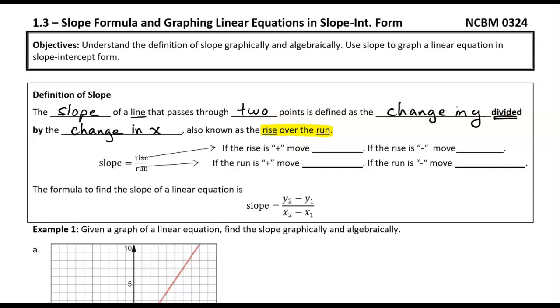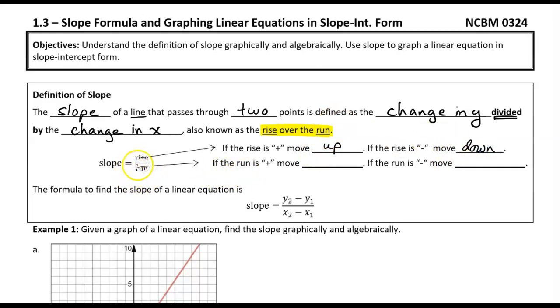And in fact, that slope equal to rise over run is going to be a really nice way of interpreting and graphing what it means to have a slope. So at the rise part here, if it's positive, then that means we're going to move up on the graph. And if the rise is a negative, we're going to move down. So up is positive, down is negative.